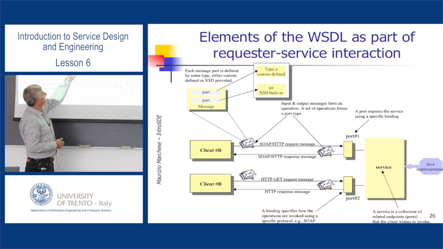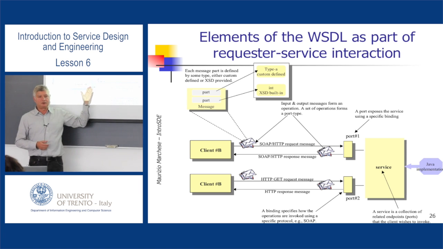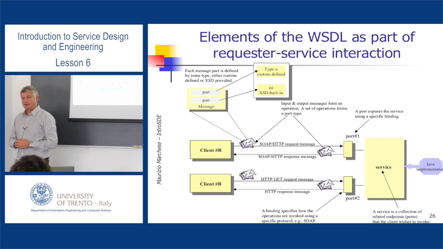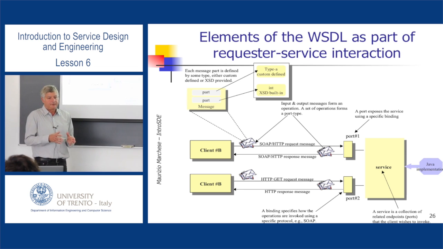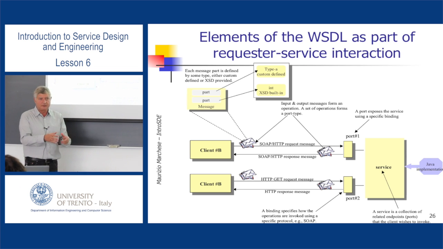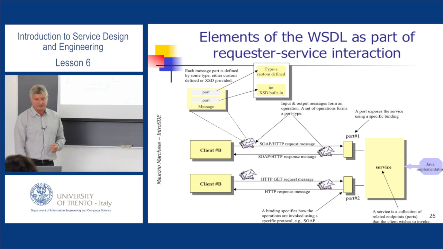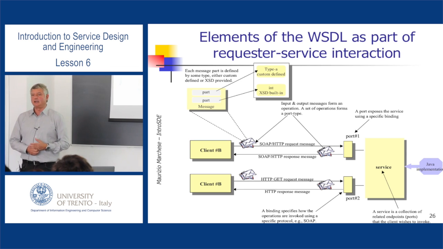So this is a really SOAP web service. But at the same time, you can also decide to send it in a different way, like, for instance, in a RESTful way. So SOAP web service and WSDL in particular allow more flexibility. You can have different implementations of the same service, which is quite useful in many applications.